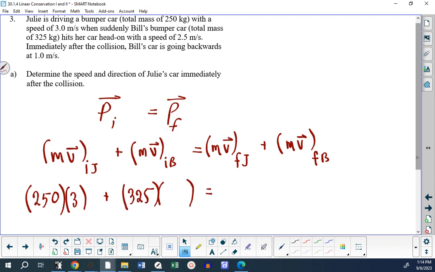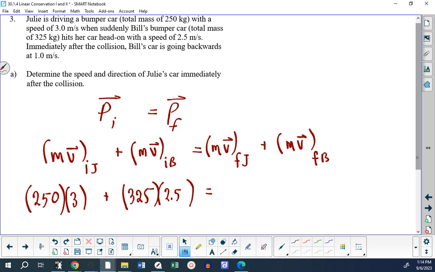I'm going to write down something that will be a mistake. Bill's velocity is 2.5. Who can tell me why Bill's velocity is not 2.5 based on what I wrote for Julie? Aoki? Right.